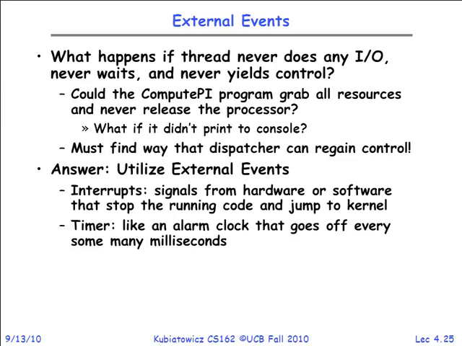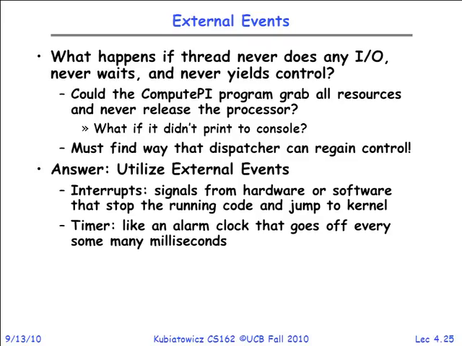Okay? And if we make sure that external events happen frequently enough, then we make sure that the illusion that the CPUs are being multiplexed actually happens and everybody makes progress. Now, we can show an example of a network interrupt. Let me just show you that here. So what is an interrupt like? Well, here's an example where we're running some user code, and I'm going to show you some assembly here.